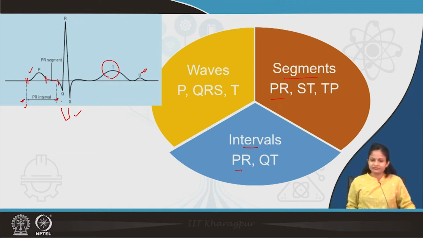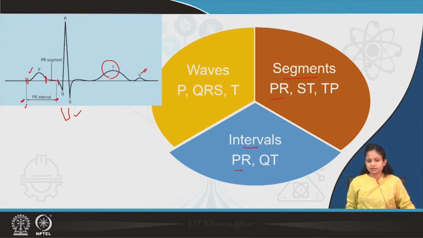So the PR interval is inclusive of the P wave, and the PR segment does not consist of any wave; it is the isoelectric, or straight, line. Similarly, we have the ST segment and the TP segment.